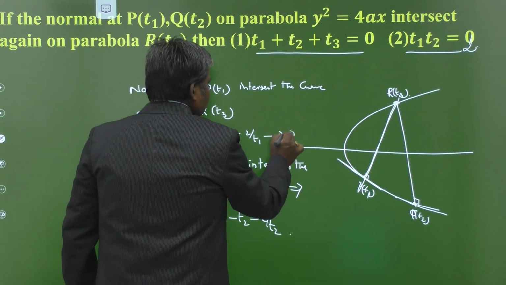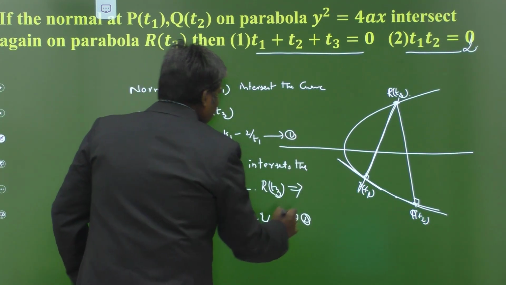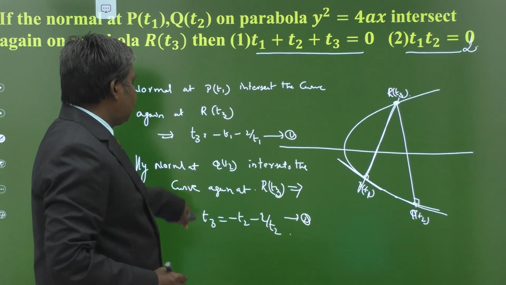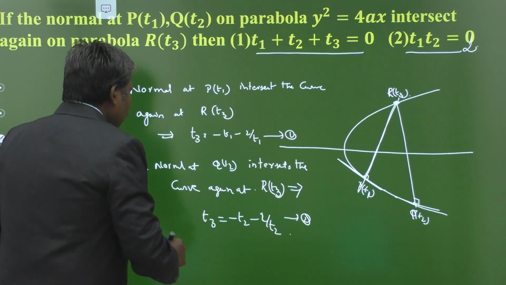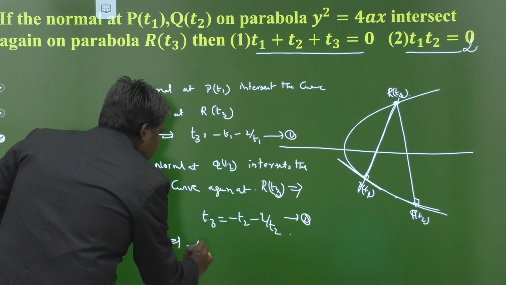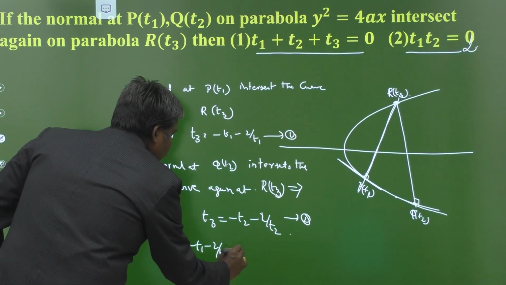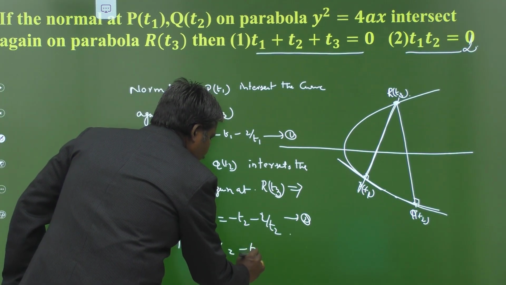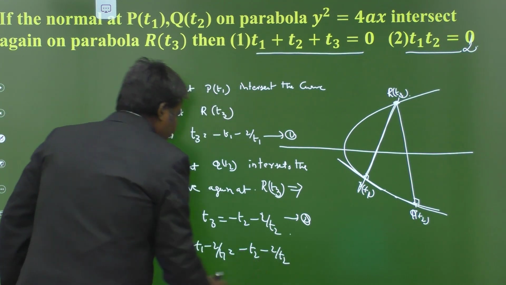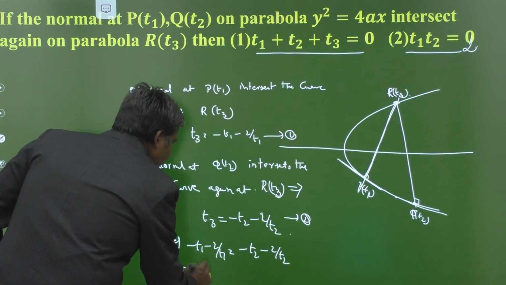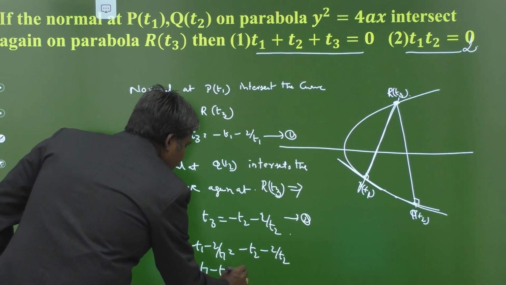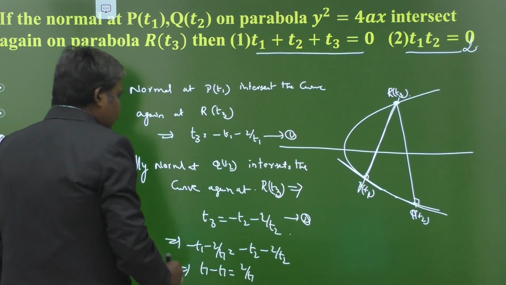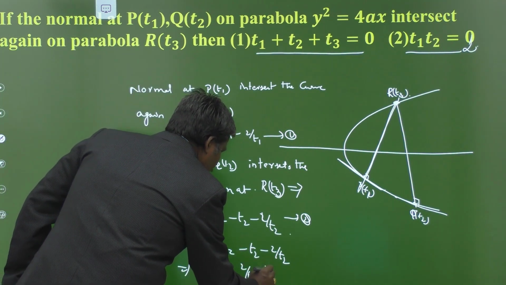This is equation number 1, this is equation number 2. Both are t3 values. Equate them. We get minus t1 minus 2 by t1 is equal to minus t2 minus 2 by t2. This implies t2 minus t1 is equal to 2 by t1 minus 2 by t2.